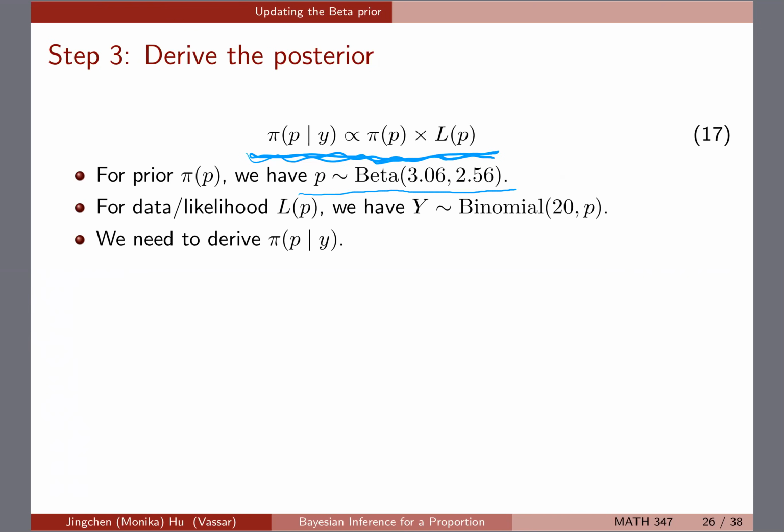And the likelihood function is a binomial. Okay? So now we can start deriving. And especially, we know from equation 17 that's what the posterior should be. It's pretty straightforward that as long as I put in whatever the PDF for the prior, and whatever the likelihood function from the binomial, I can start to derive to see what will be the distribution for the posterior, right? So let's see.